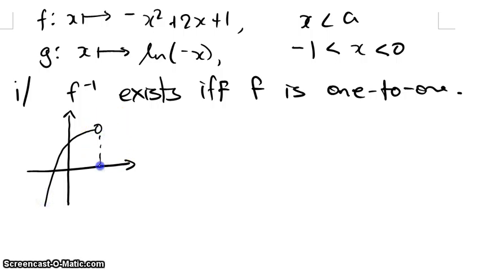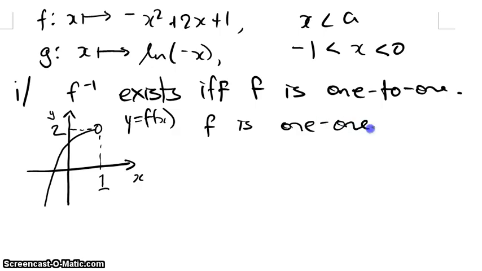That's the point 1, 2, y equals f of x. Okay, so f is 1 to 1 if a equals 1. So now we need to find the inverse in similar form.